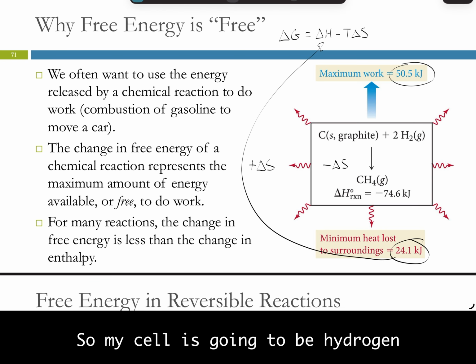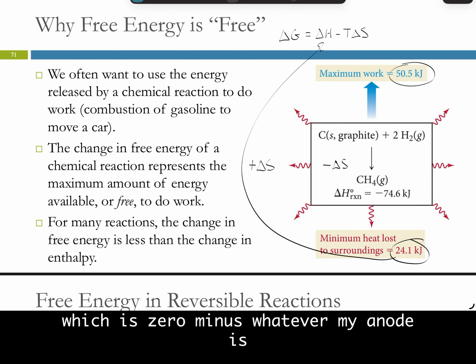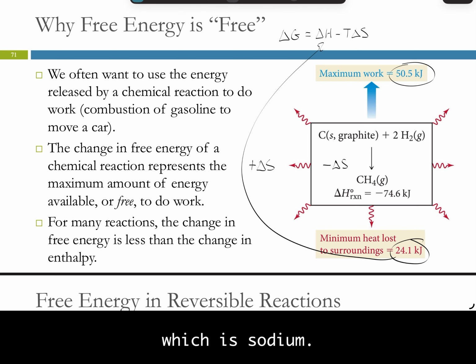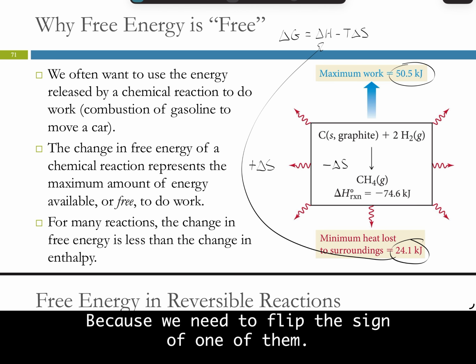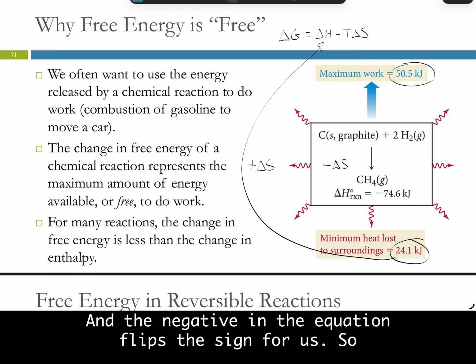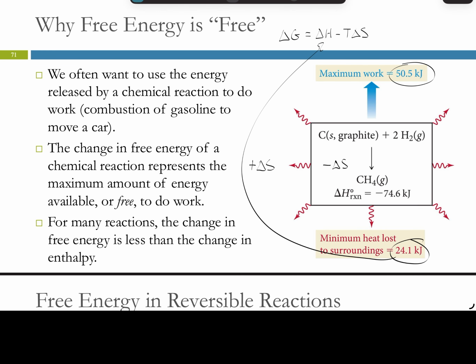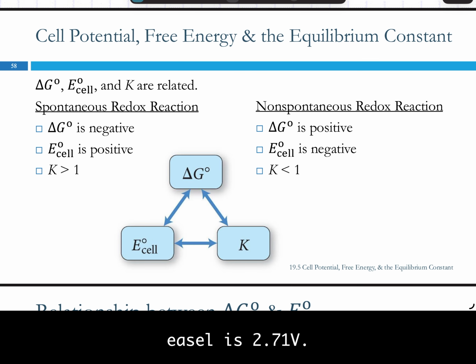So my E cell is going to be hydrogen, which is 0, minus whatever my anode is, which is sodium, negative 2.71. The negative is in the E cell calculation, cathode minus anode, because we need to flip the sign of one of them. And the negative in the equation flips the sign for us. So E cell is 2.71 volts.